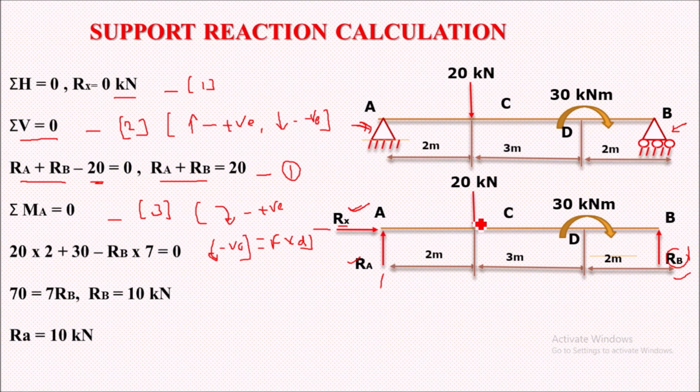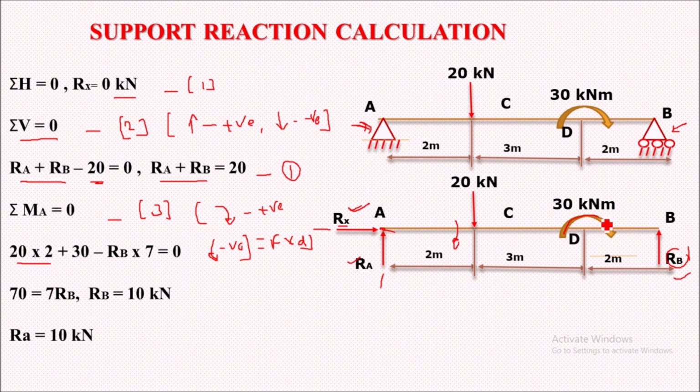Now this 20 kilonewton load at 2 meter distance, considering A as a hinge, because of this load the beam will have a clockwise moment. So 20 kilonewton acting at 2 meter distance should be of positive magnitude.